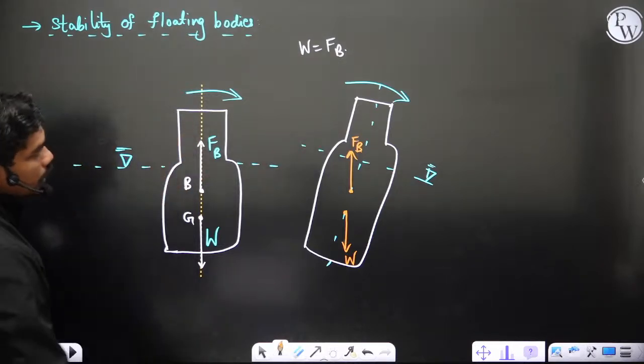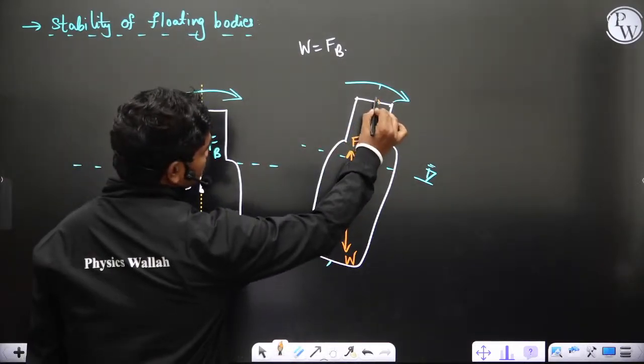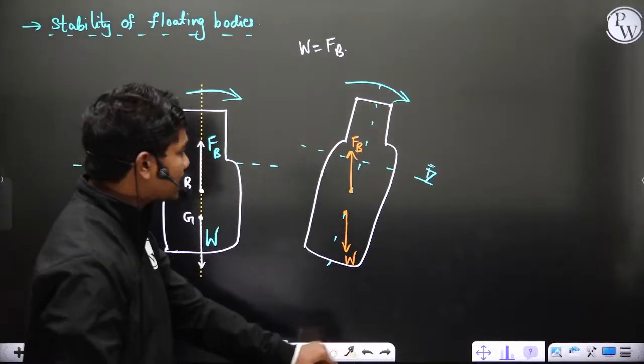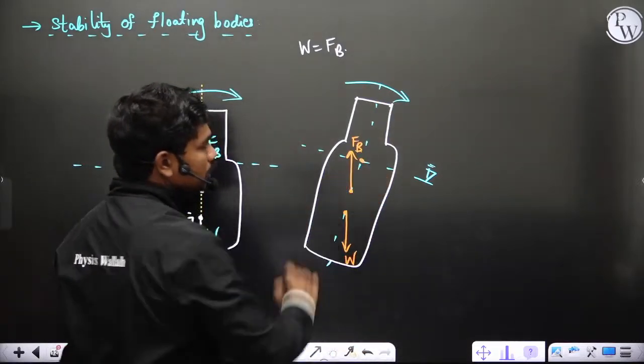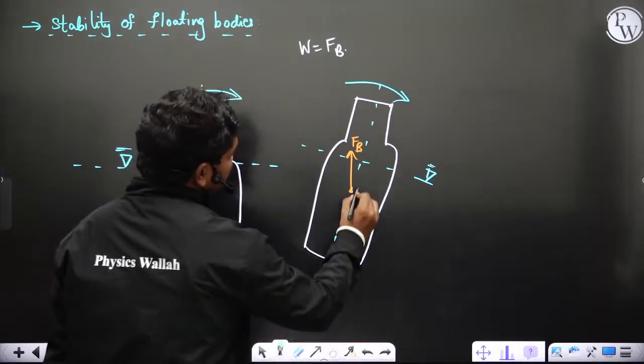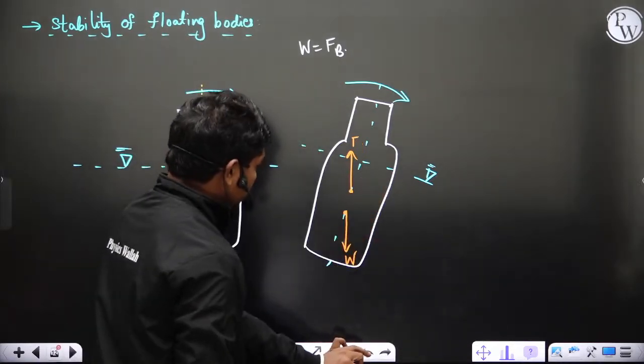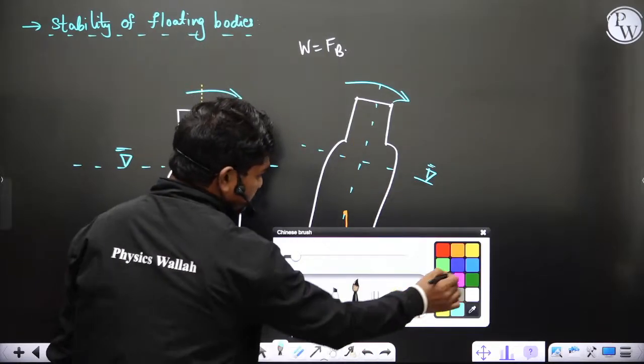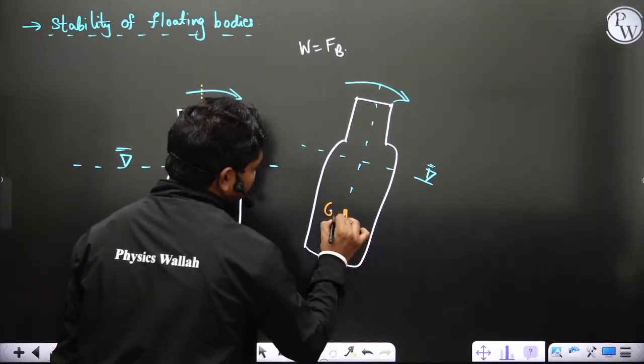Now try to understand one thing. Whenever the ship is rotating, this is the axis or point of rotation for this body, or effectively you can say this is about this axis. We will actually see, for example, here. This is B, okay, so this is G obviously.